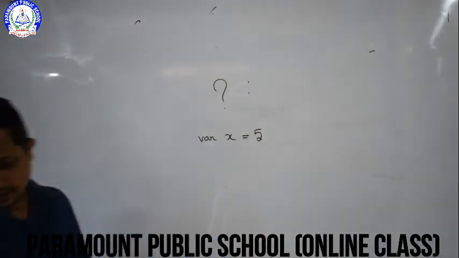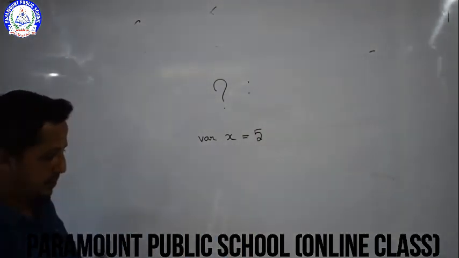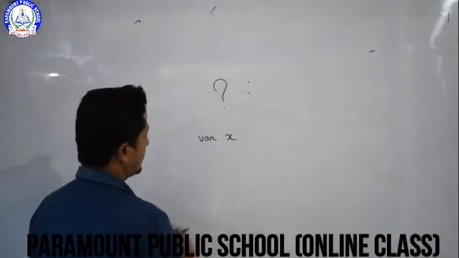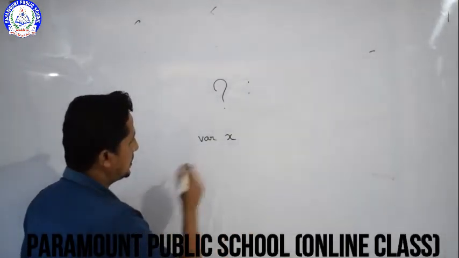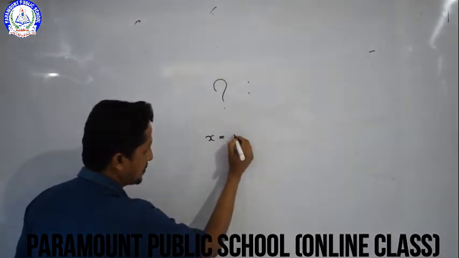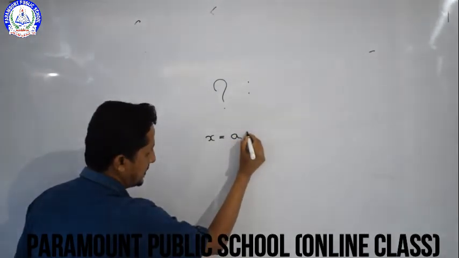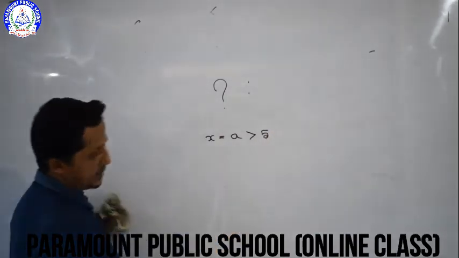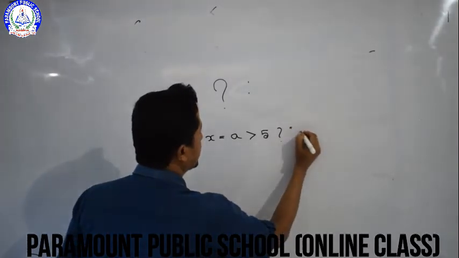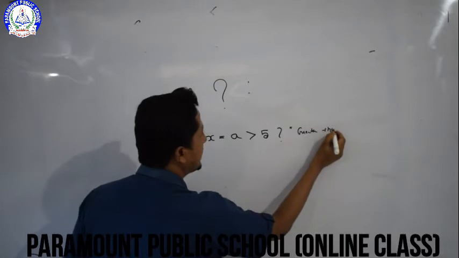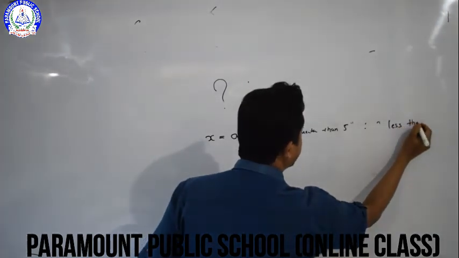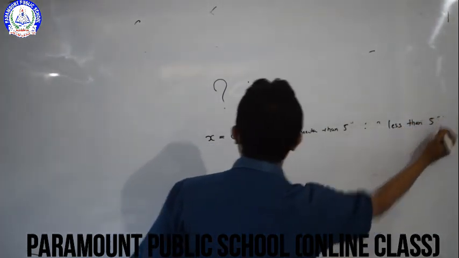Now let me write the condition. var x is equal to greater than 5, then, greater than 5 and is to less than 5. Now what does a conditional statement do?